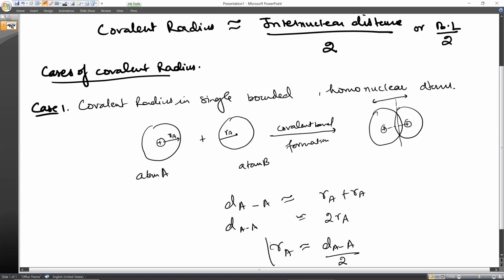This is how we calculate the radius of a homoatomic molecule.